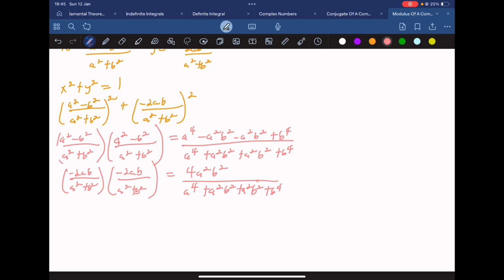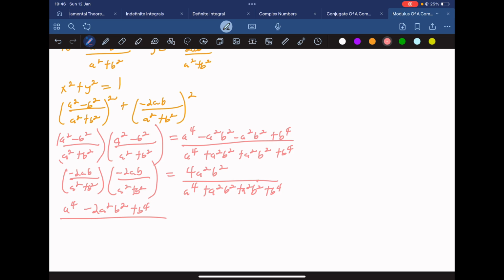Now, since we are adding this and this, let us add what we have here. So for the first part, we can simplify further. We have a exponent 4. This minus this is just minus 2a squared b squared. Then we have b exponent 4.